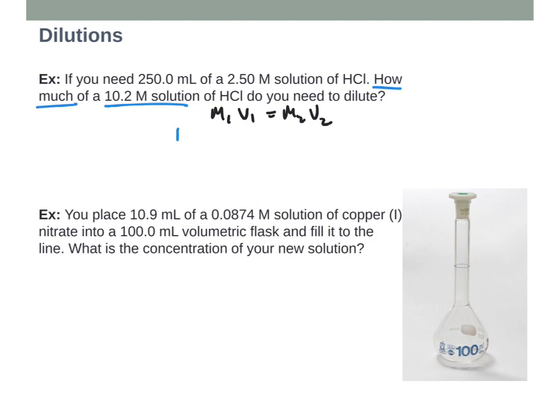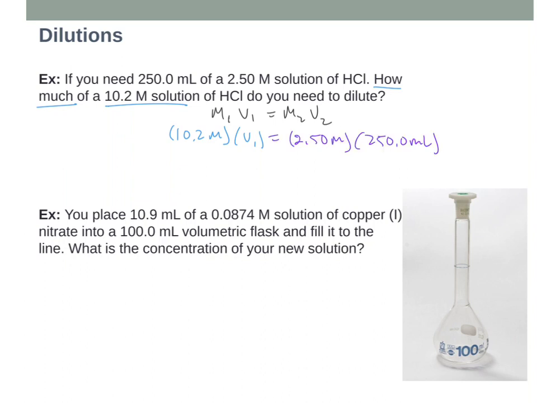So I know the molarity of the beginning thing, of the more concentrated thing, but I don't know the volume of the beginning thing. What's the volume of the solution I need? But I do know that I want it to end up as the more dilute thing, a 2.50 molar solution, and that I need 250 mils of it.